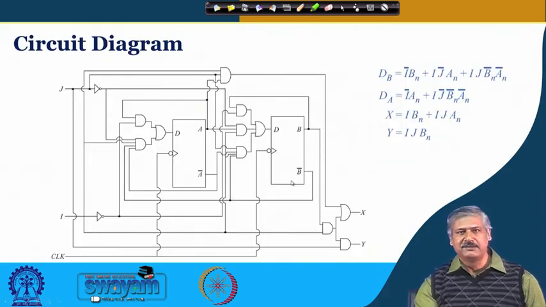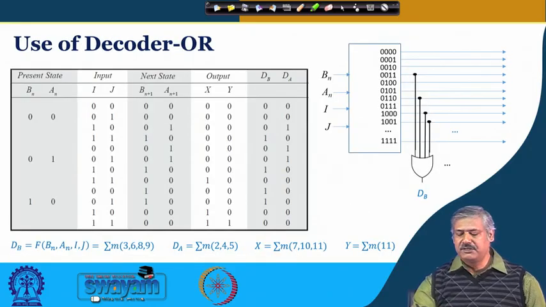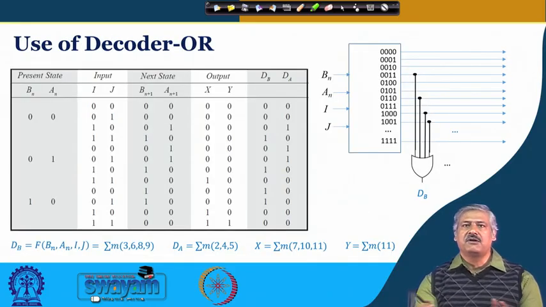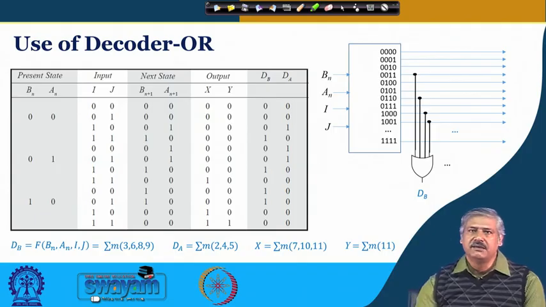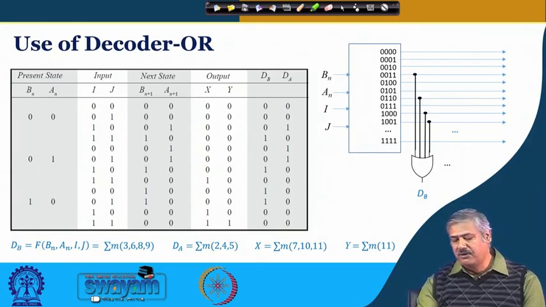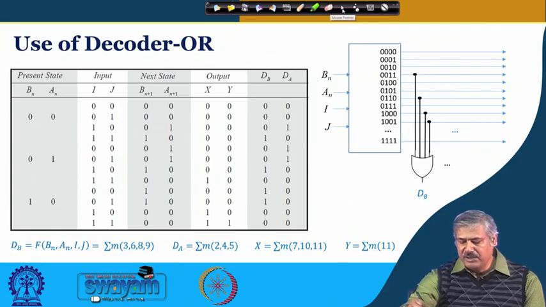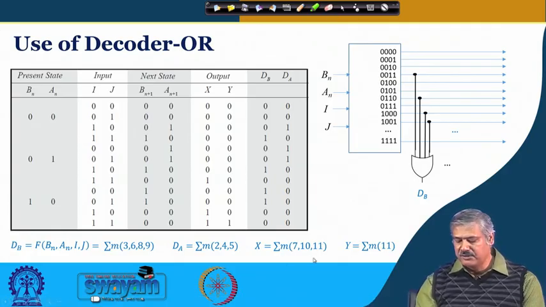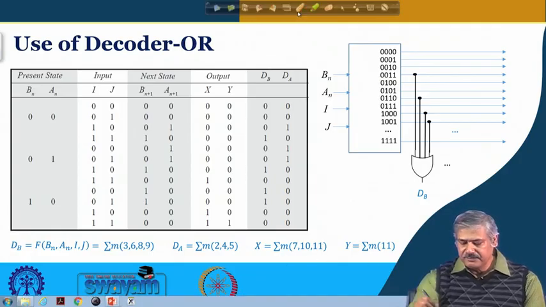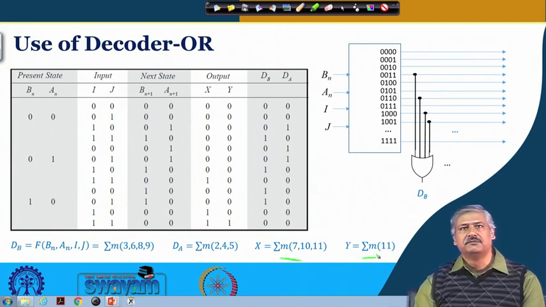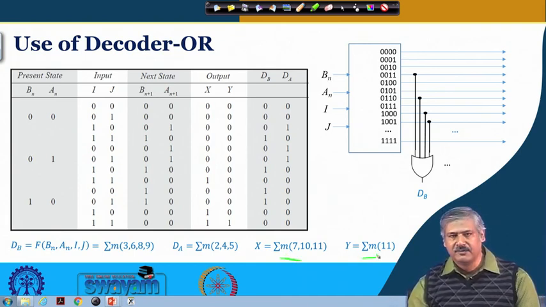This is not minimized, but you have to use many gates, but this decoder comes in a compact IC, integrated circuit, so you can use those outputs and make use of multiple OR gates. Similarly, X and Y you can generate from this decoder output also by appropriate connections. Is it fine? Right.